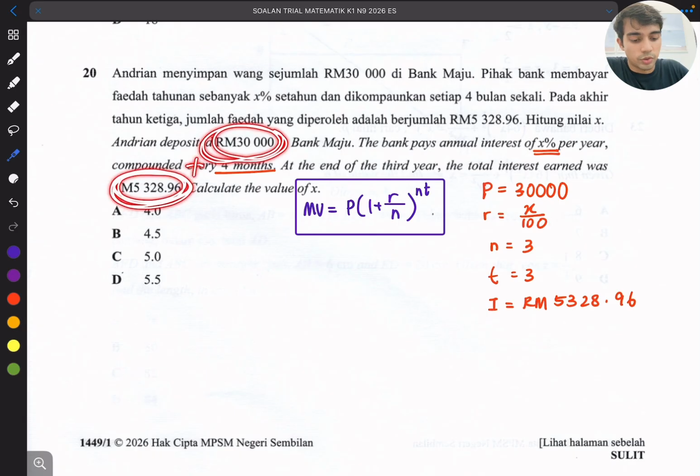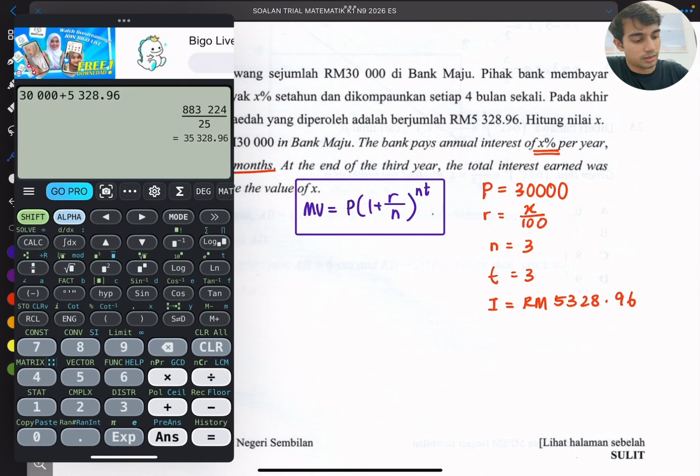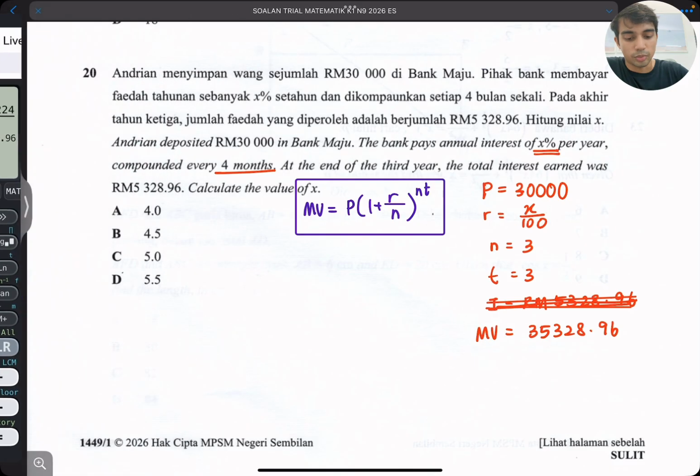So the matured value will be this plus this, which the bank is giving him. 30,000 plus 5,328.96 is 35,328.96. So matured value is 35,328.96. Interest, no need, we don't need it in the formula.